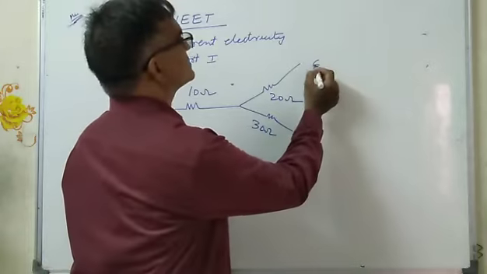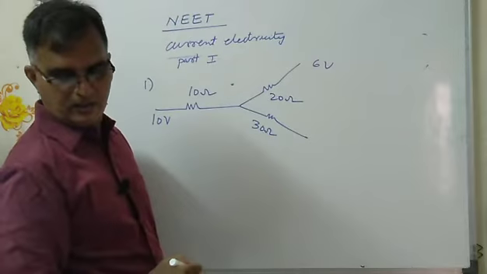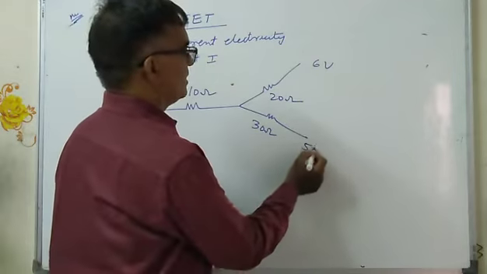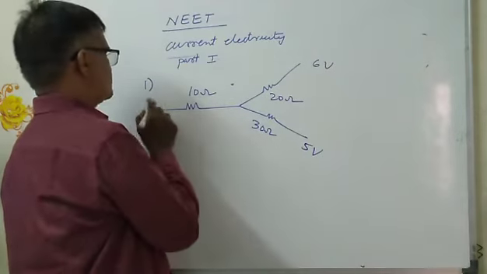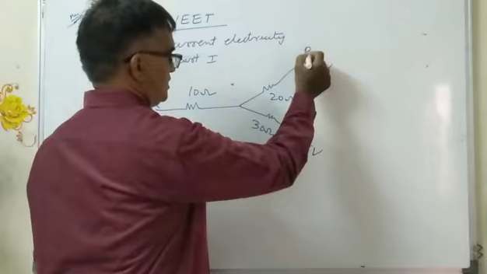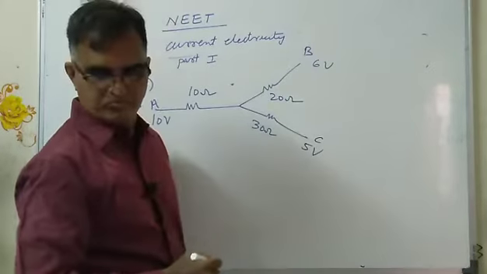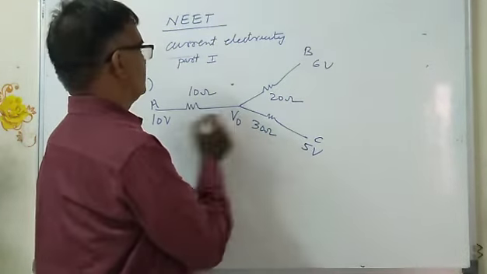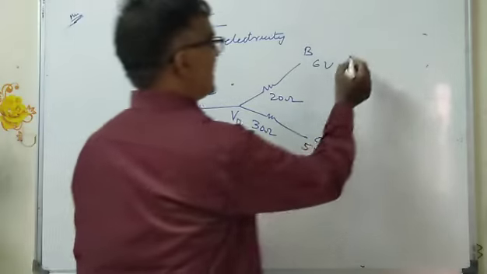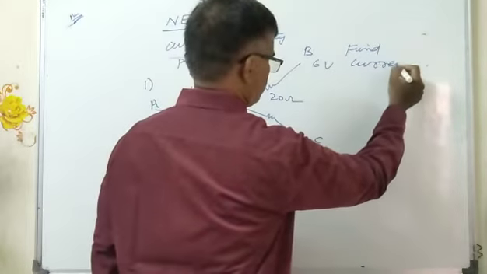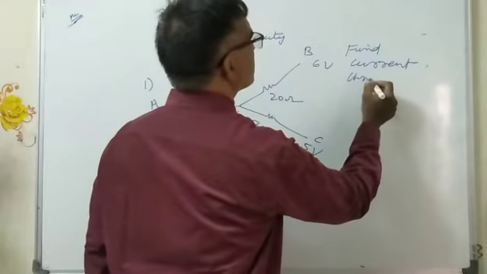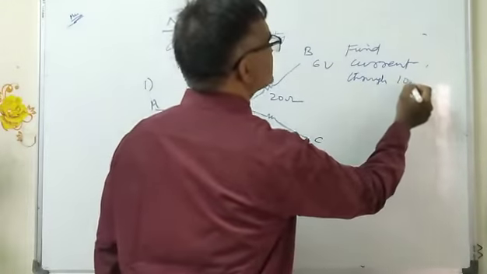Here 6 volts, here 5 volts, and here 10 volts. A, B, C, and this is the V0 point. You are asked to find the current through the 10 ohm resistor.